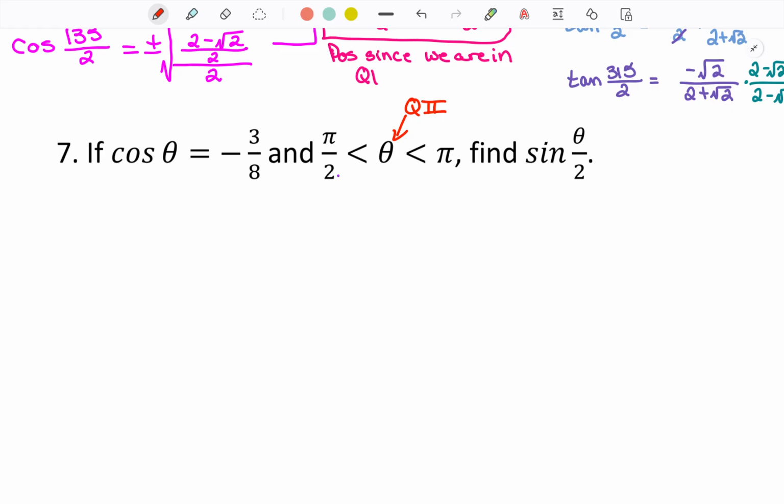So let's go ahead and look at where theta over 2 would be. Theta over 2 is going to be between pi over 4 and pi over 2. So that is going to put us in quadrant 1. So theta over 2 lives in quadrant 1.